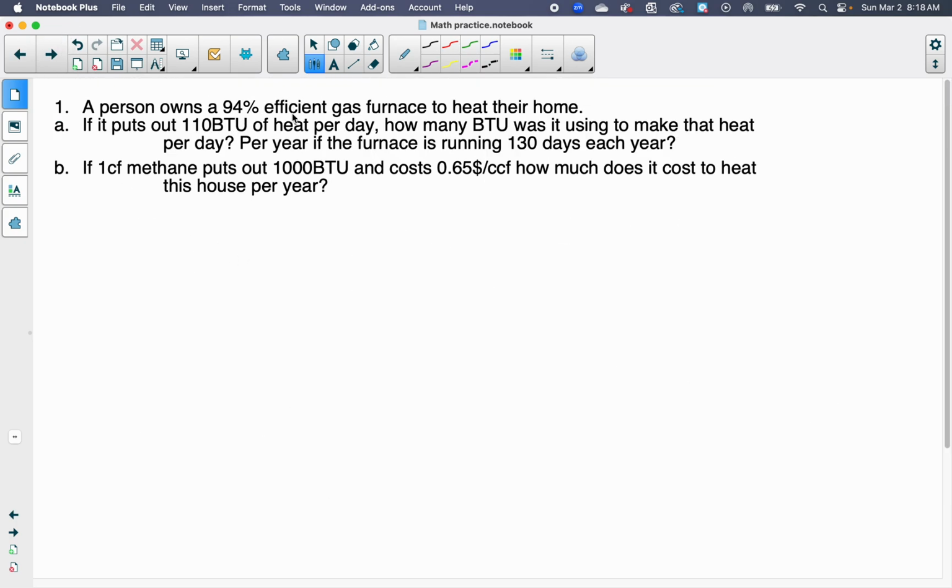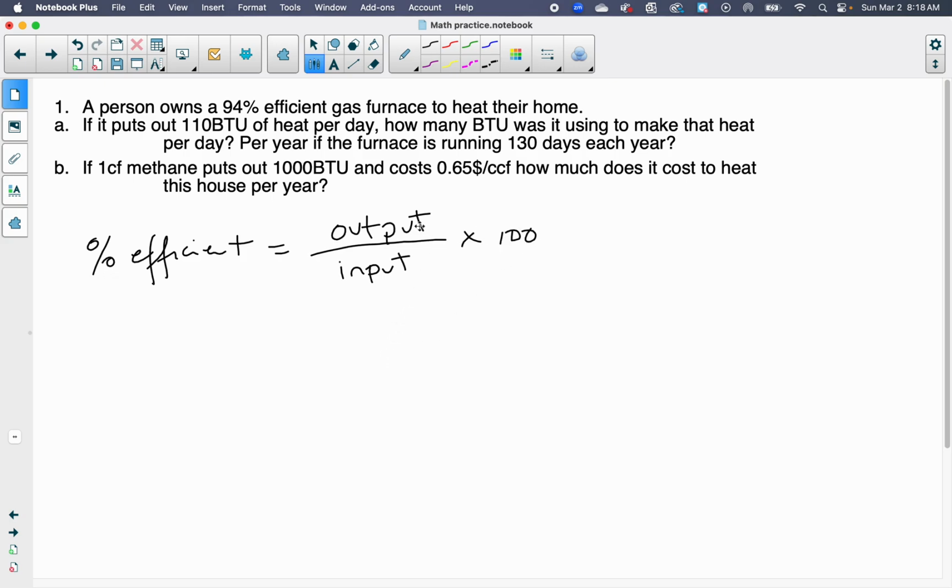We have learned how to do efficiency calculations, and so let's take a look at that real quick too. Percent efficient, sometimes you're solving for that number, but you could also solve for one of the other parts, as we're going to do here.